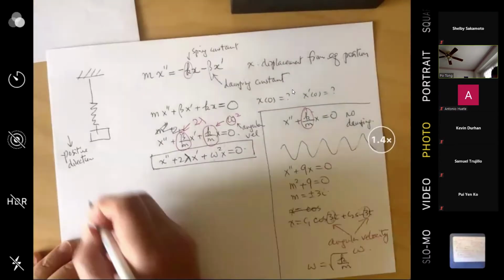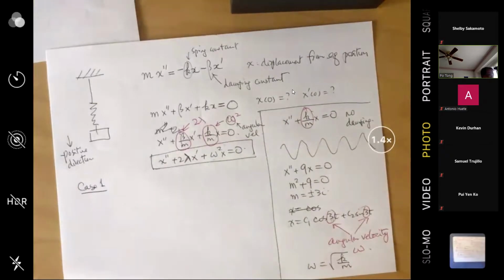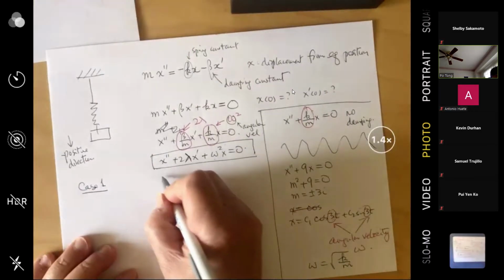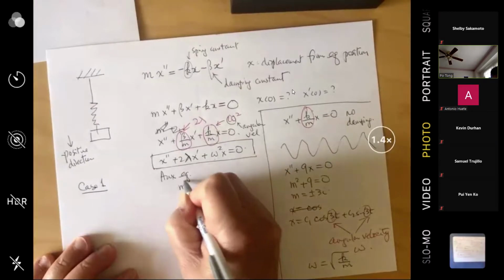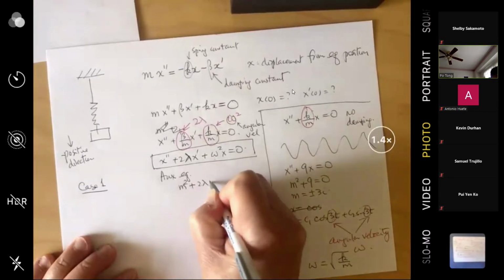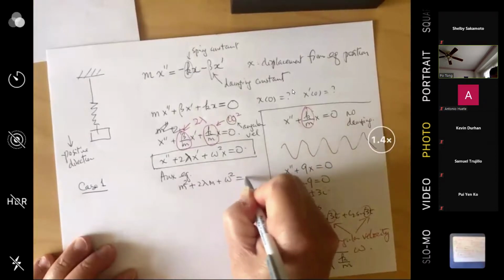Number of cases. Case 1. Now you need to understand that what we have is the auxiliary equation. It's going to be m squared plus 2 lambda m plus omega squared equal to 0.